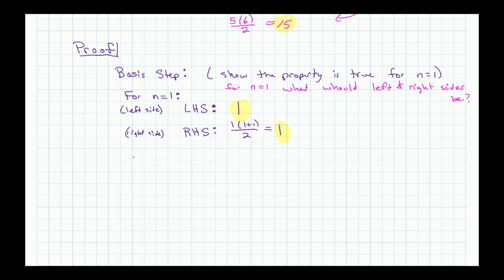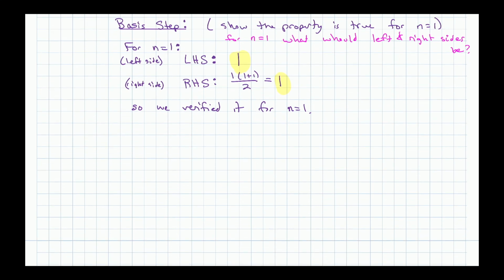So we can say, true, verified. So we verified it for n equals 1. So the basis step is usually that easy. If it's hard, it's only hard because it's too simple and you don't know what to write. That happens sometimes, right? Too simple and you get confused about what it is you're supposed to write to show it.